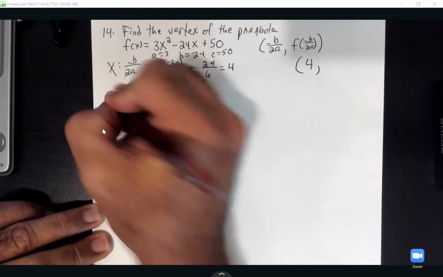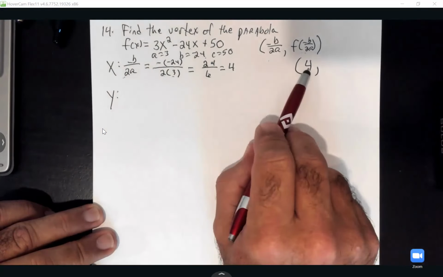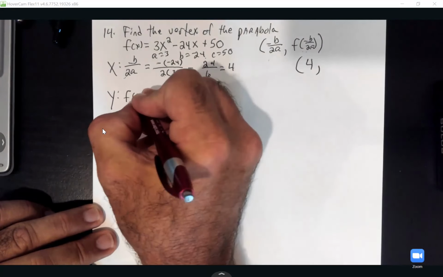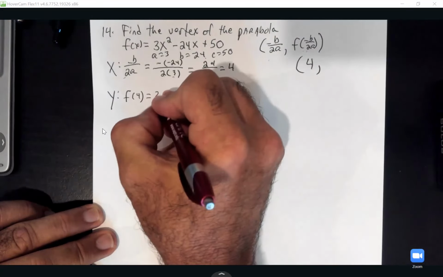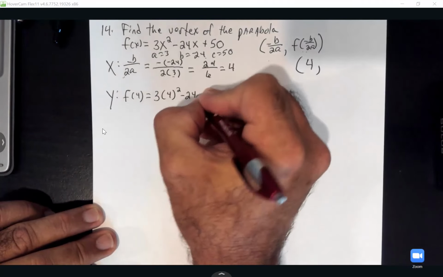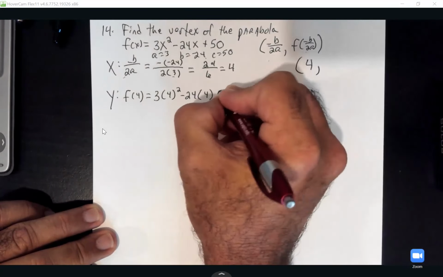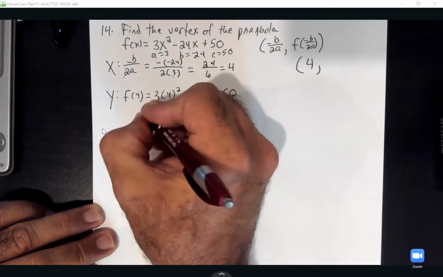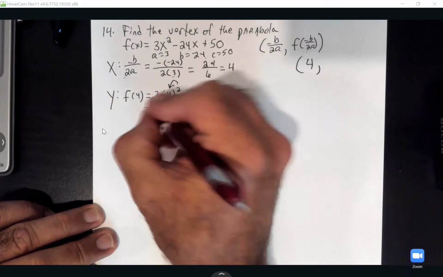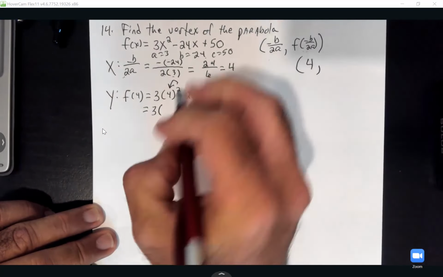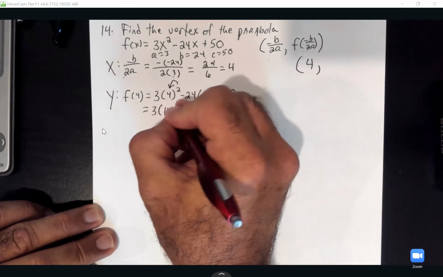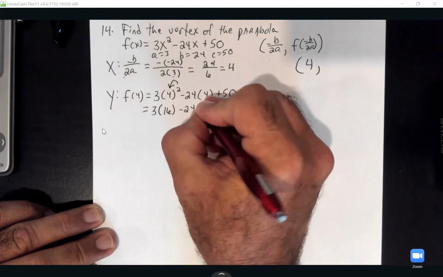So now I'm going to get the y value by putting that 4 into my function. So I'm going to find f of 4. That equals 3 times 4 squared minus 24 times 4 plus my 50. So remember, we got to start with this exponent. So bring that 3 down. That'll multiply by 4 squared. So y'all, 4 times 4 is 16. And I'm just bringing everything else down for the moment.